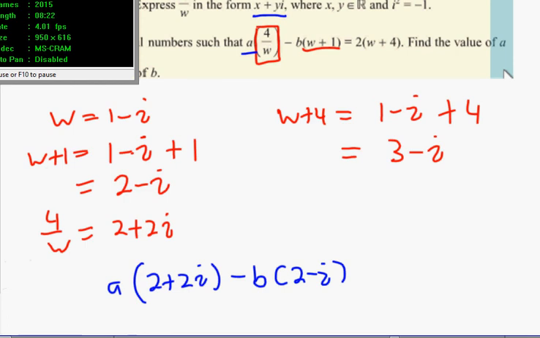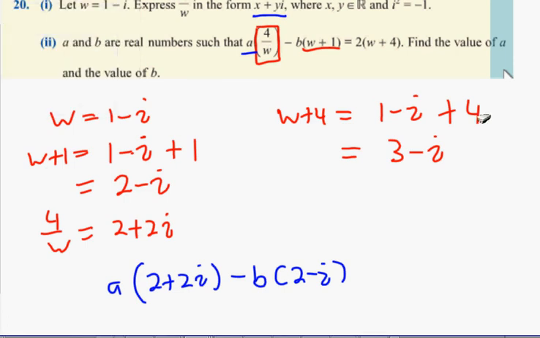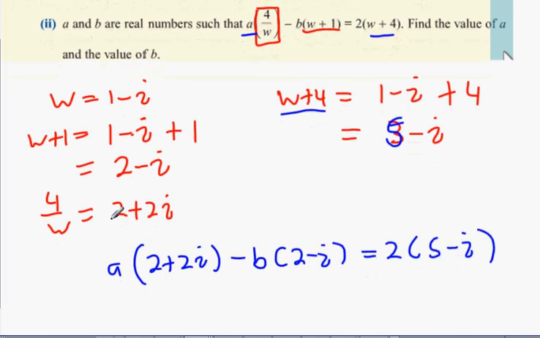Yes, David. Now, this one here is meant to be 5 minus i because it's actually 1 plus 4, which is 5. So that's for the w plus 4. The w plus 1 is 2 minus i. Now it's going to be 2 times w plus 4, which is 5 minus i.